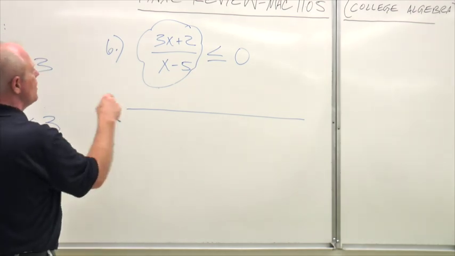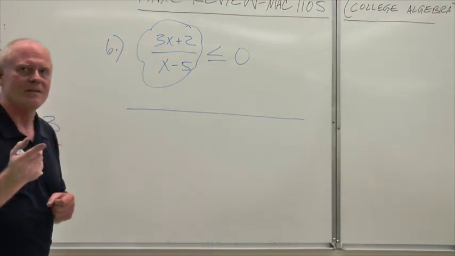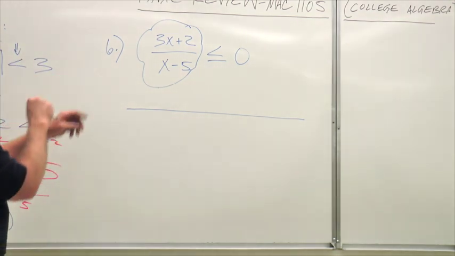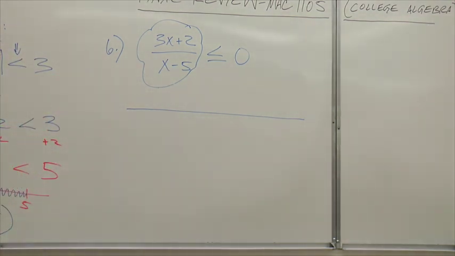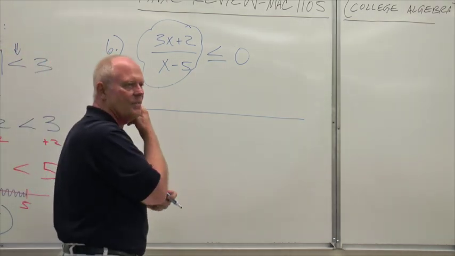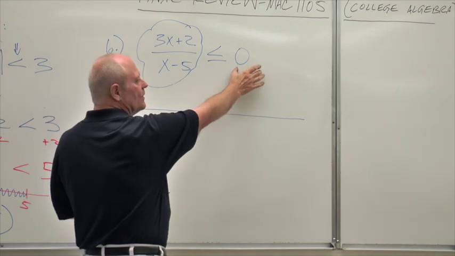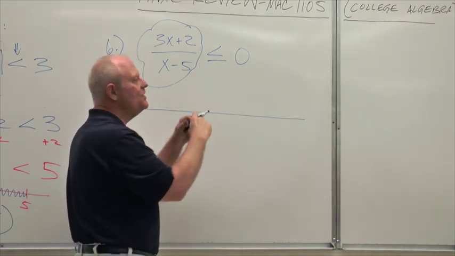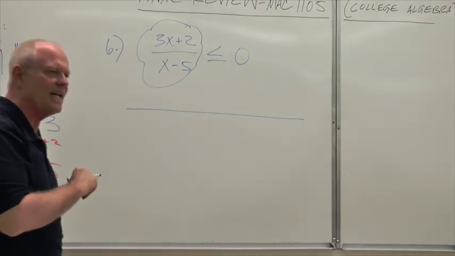Okay, good. So the question is, how do we determine where the cutoff points are on the number line? Well, you do the same thing here as you would here, right? And by the way, this is sort of a simplified version of this problem. If you had something on the right-hand side, you can work with it on the right, but you really would want to get a 0 on the right-hand side.